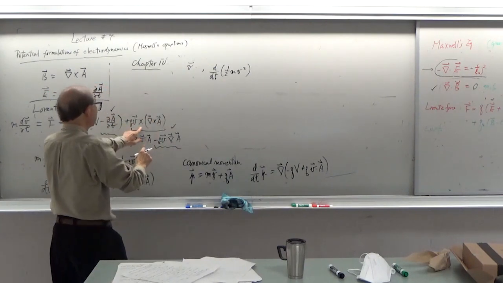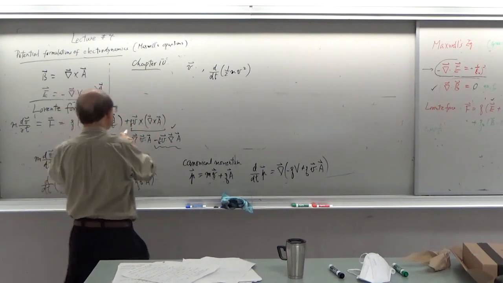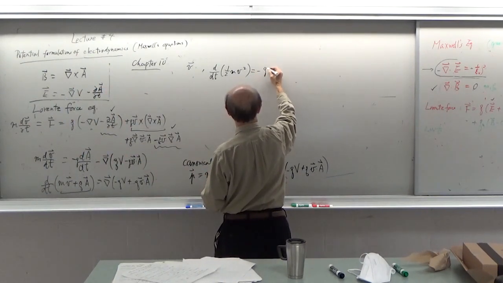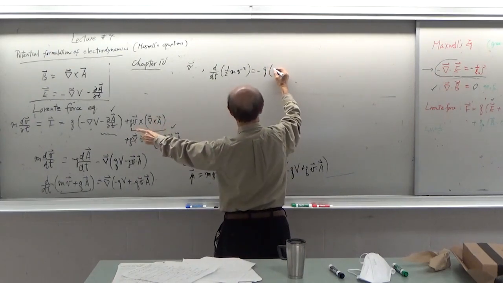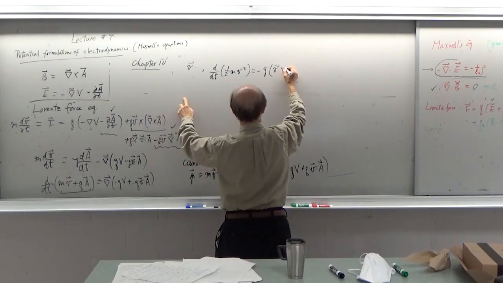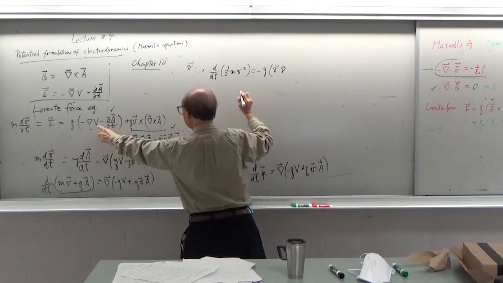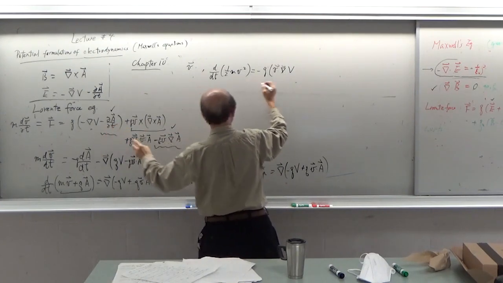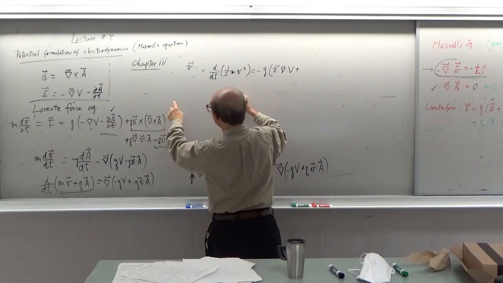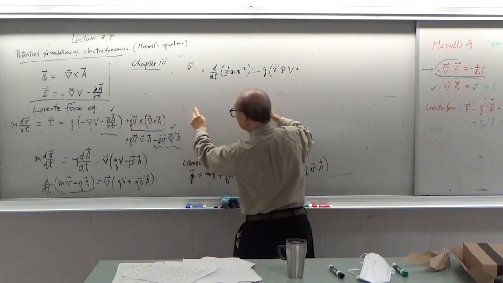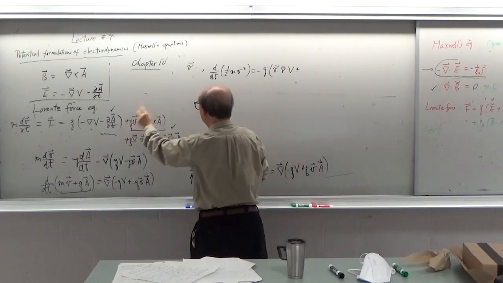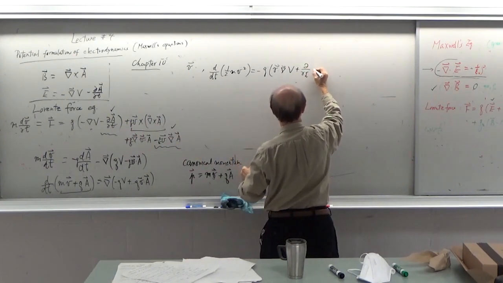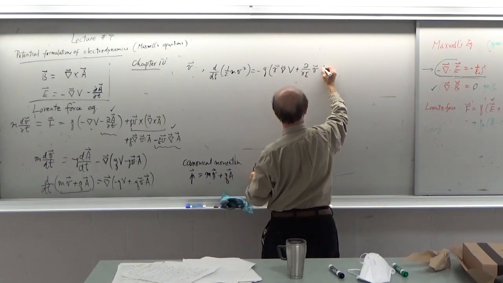So the only term to survive is this. So it's equal to minus q, v dot grad V, plus v dot partial A by partial t. And v does not depend on time explicitly, so I can put this v through this derivative.